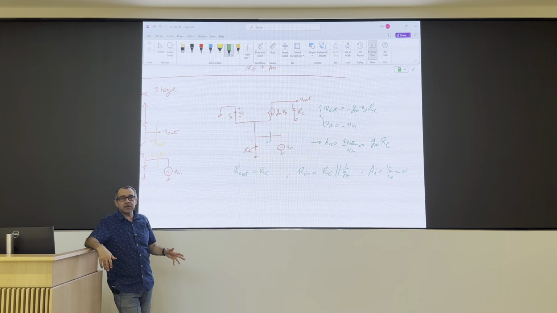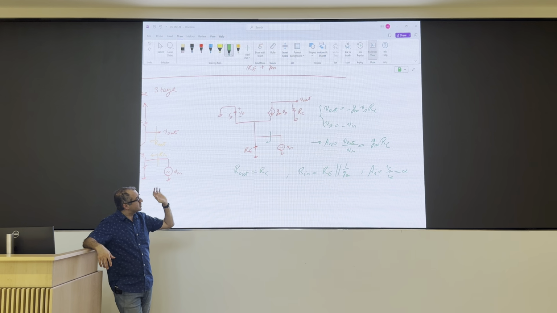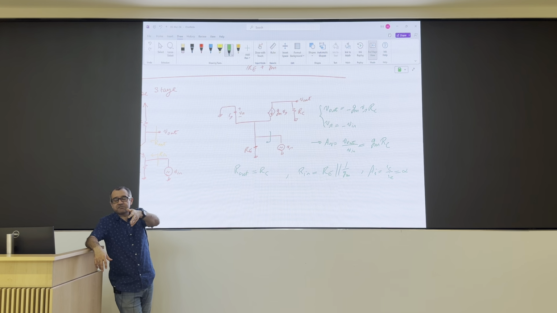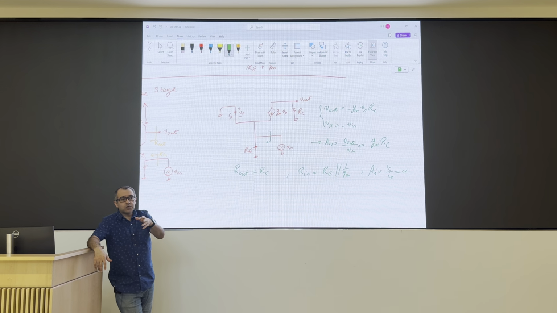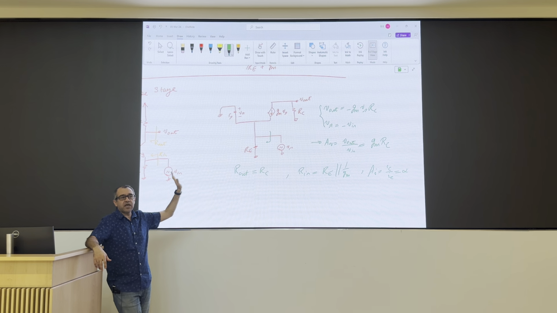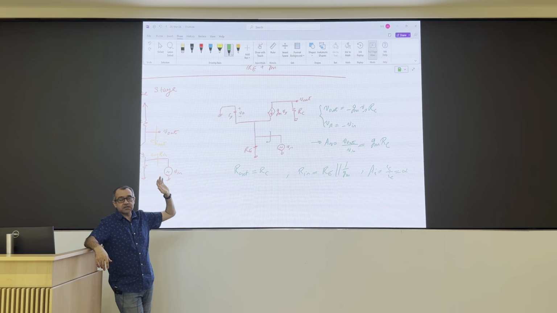For typical low frequency applications, with the transistors you can buy off the shelf, old ones like 2N3904, 2N3906, up to a few megahertz, you'd be happy with common emitter and common collector. If you want to go to hundreds of megahertz and gigahertz, you can still be happy with common emitter and common collector if you find the right transistor.